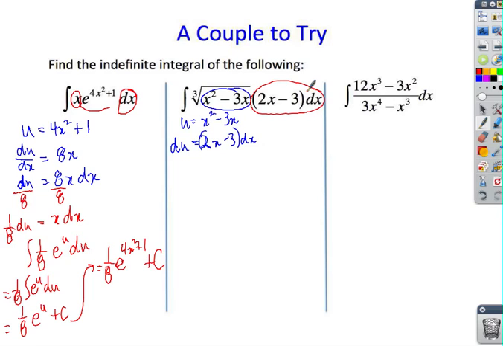So I can rewrite my question now as the integral of the cubed root of u du. Again, I might rewrite that as the integral of u to the 1/3, so I can use the power rule.